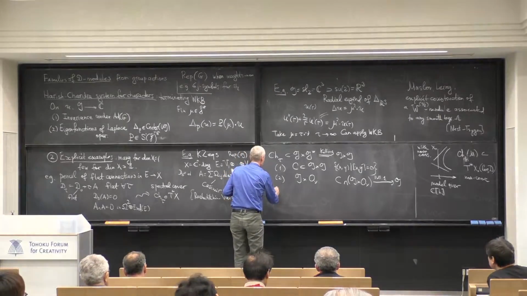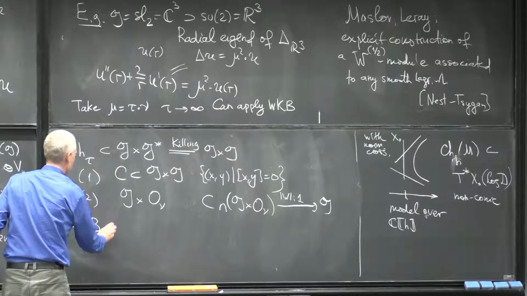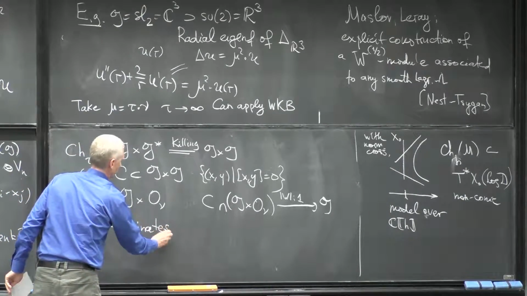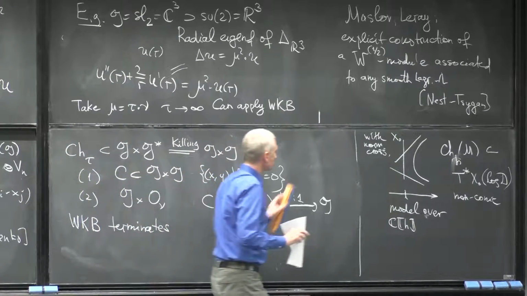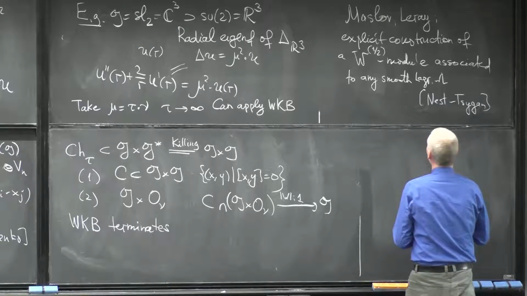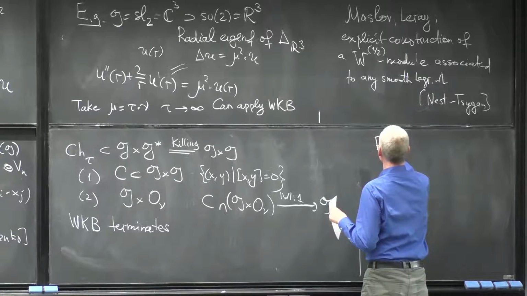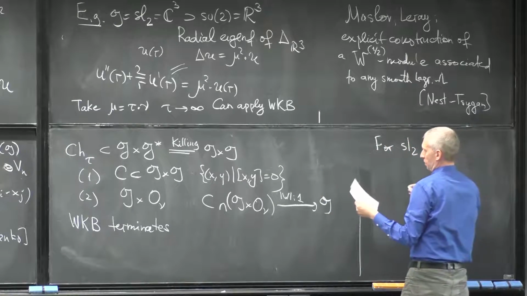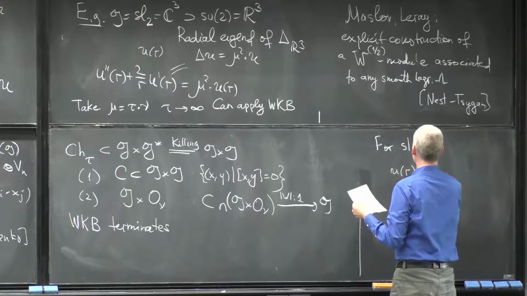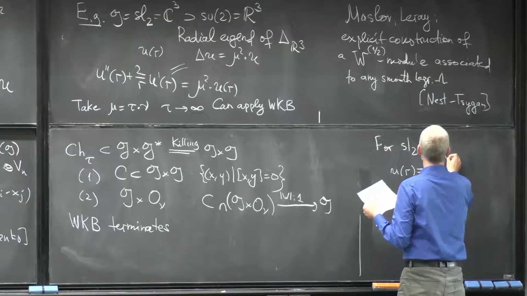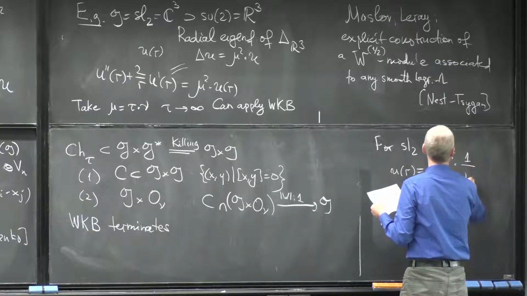But WKB, if you write it down, it terminates and gives an exact solution. For instance, for SL2, we get a radial function. We get something that is u of r equal to e to the plus minus tau times r, times 1 over r.